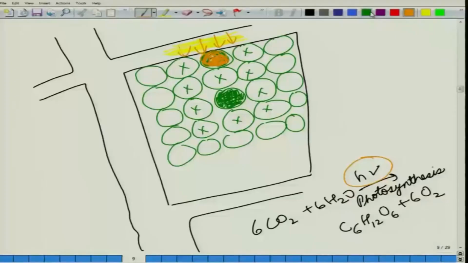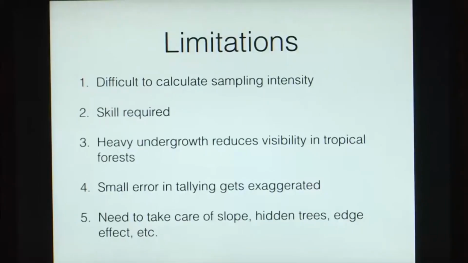Suppose we went for point sampling, and we took our point sample somewhere here; the readings will be very different from what we will get if we took a point sample here. So, at the edges the effects get exaggerated, which is why, coming back to the slides, it says that we need to take care of slope, hidden trees, edge effect and a number of other factors.